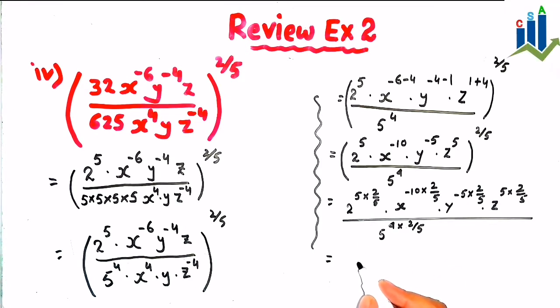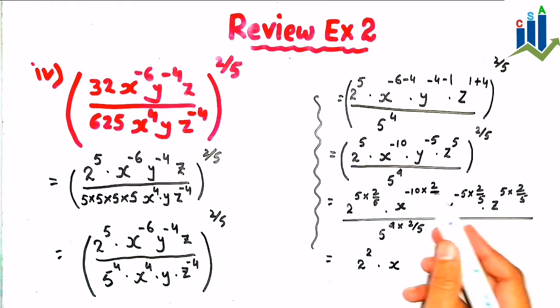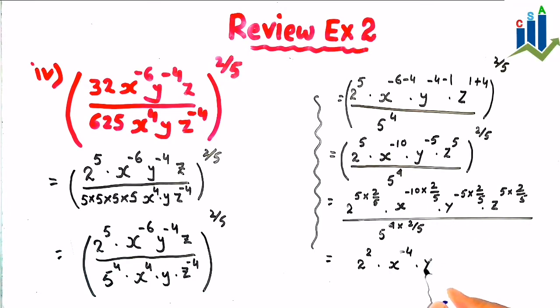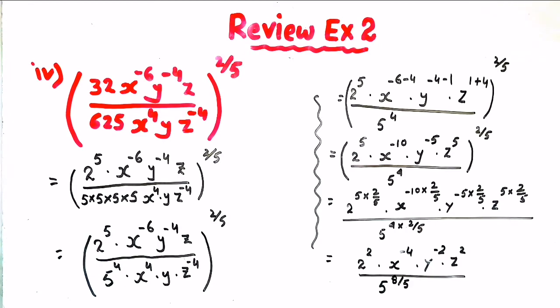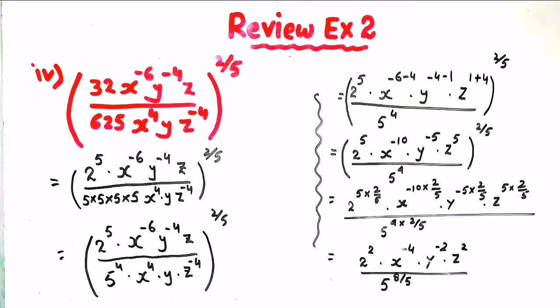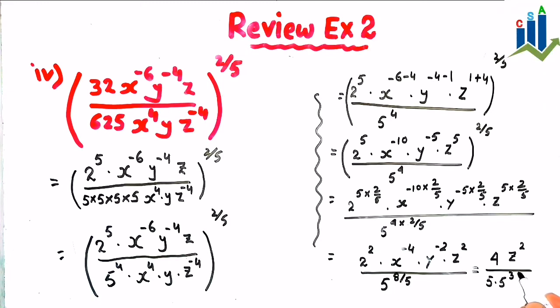So we can write it 2 raised to power 2, x raised to power minus 4, y raised to power minus 2, and z raised to power 2. It will be 5 raised to power 8 by 5, which can be simplified as 4 z square, and 5 raised to power 8 by 5 can be written as 5 into 5 raised to power 3 by 5.